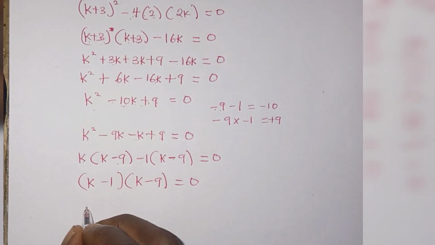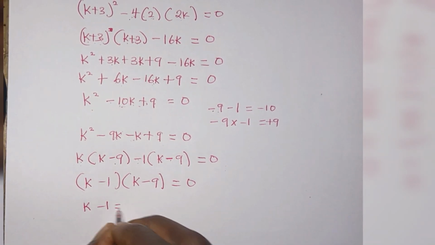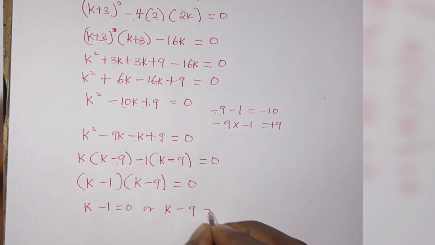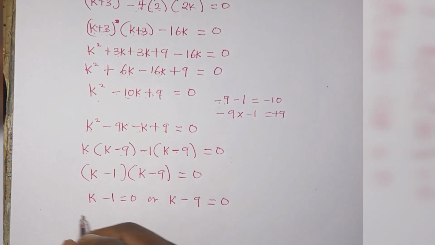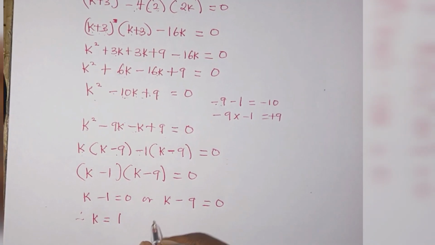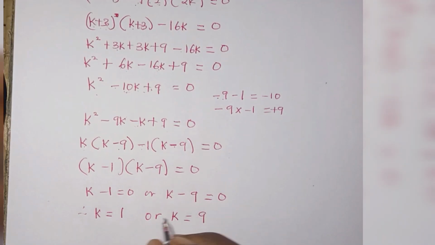So in conclusion, k - 1 = 0 or k - 9 = 0. Therefore k is equal to 1 or k is equal to 9.